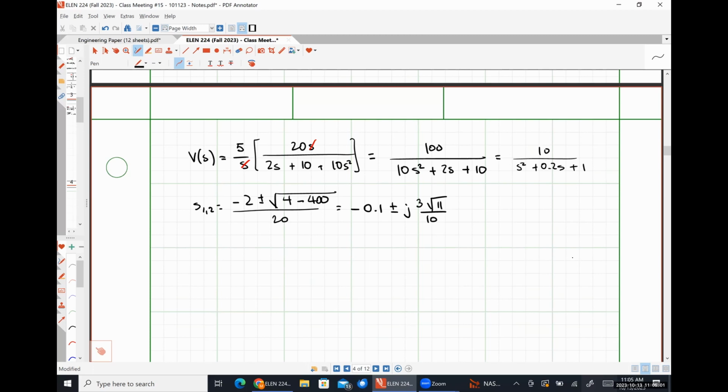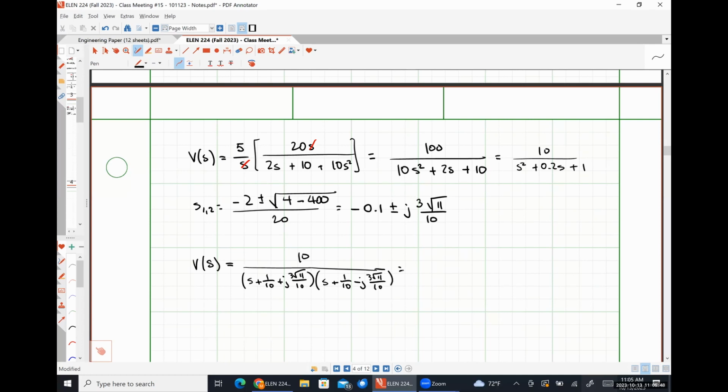So I could rewrite this thing, V of s, as some unknown coefficient b1, which will be a complex number, divided by... actually, hold on, let me change this. 10 divided by s plus 1/10 plus j 3 square root of 11 over 10 times s plus 1/10 minus j 3 square root of 11 over 10.